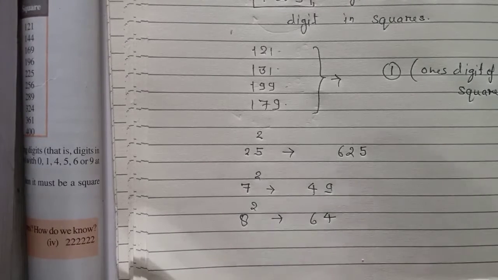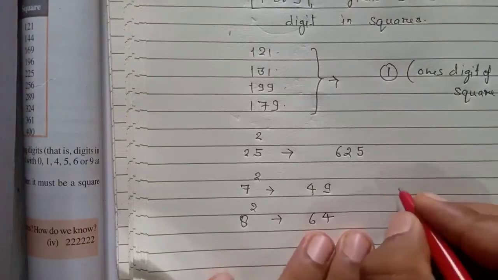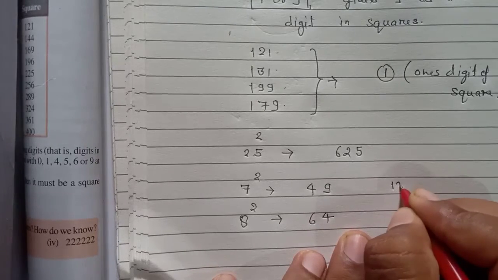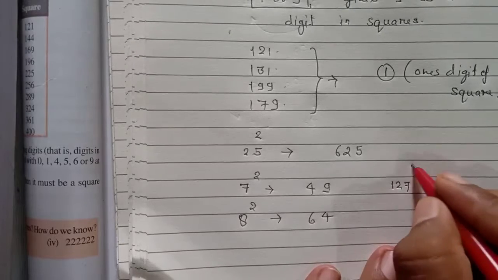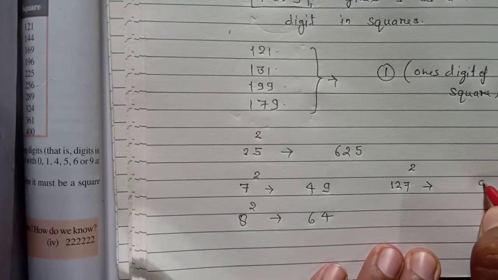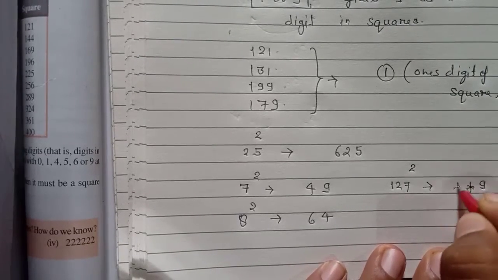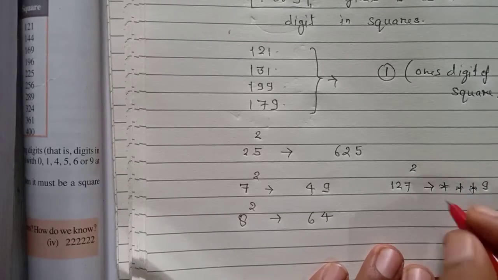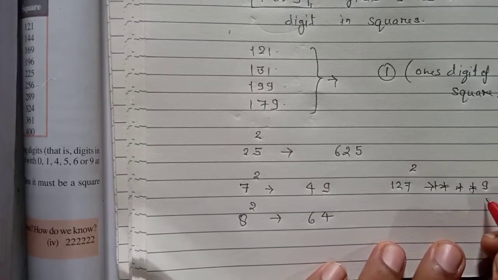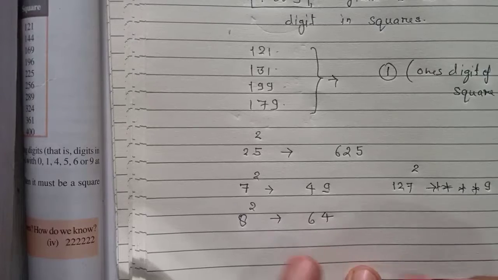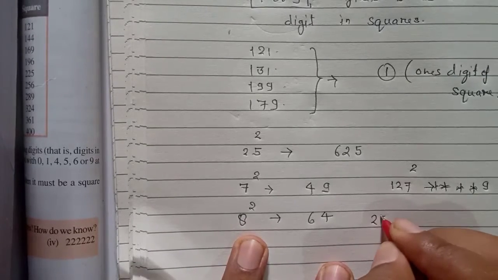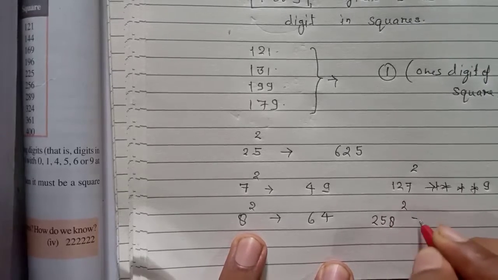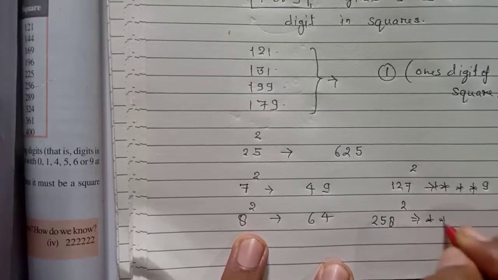Now if you have any number which ends with 7, as if you have 127, it is definite that the square of this number keeps 9 as ones digit. You multiply this and find your result. Its square ends with 9. If a number keeps 8 as ones digit, like 258, then the square of this number ends with 4.